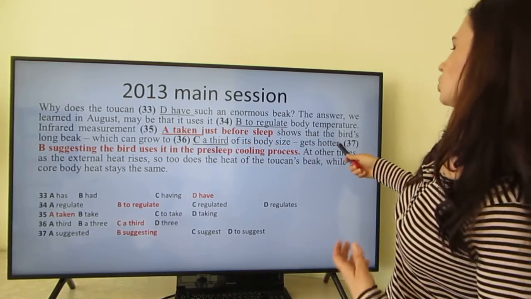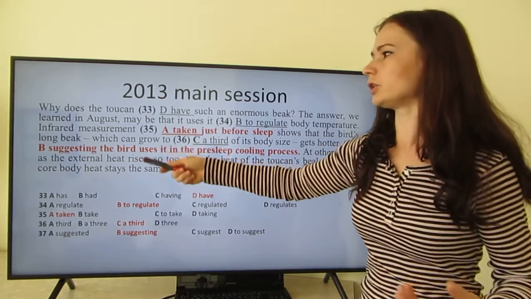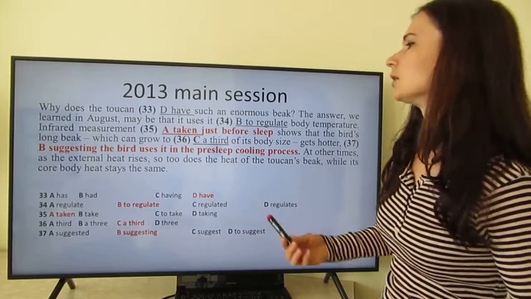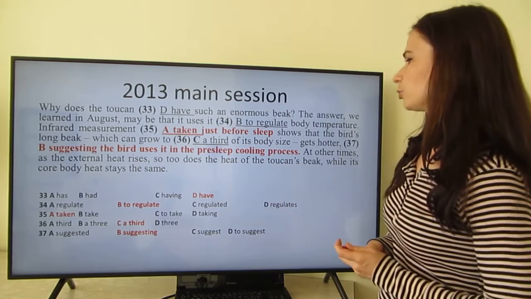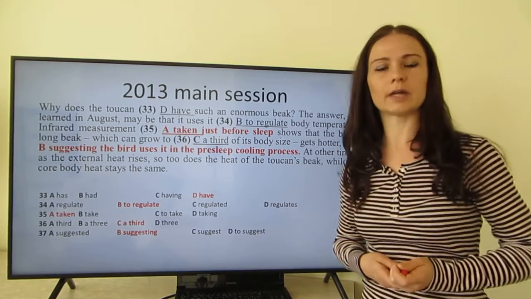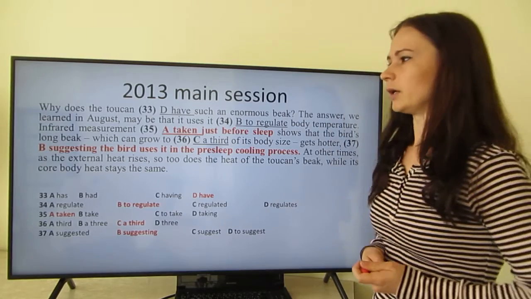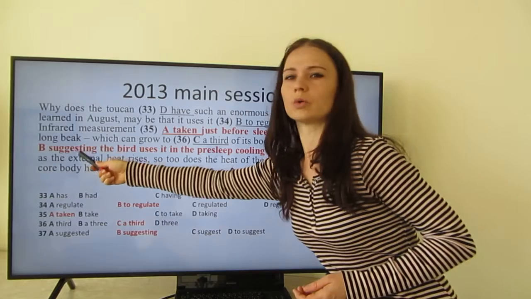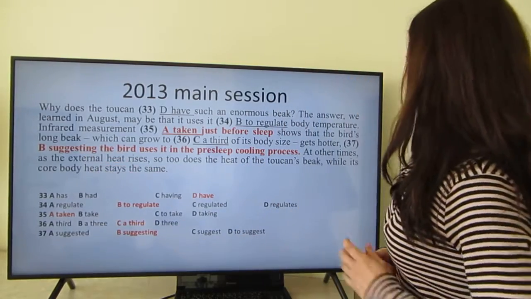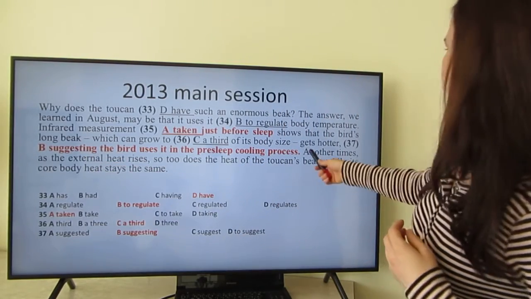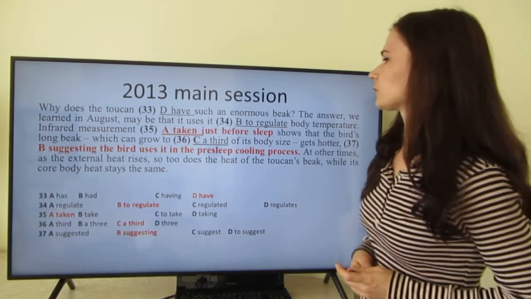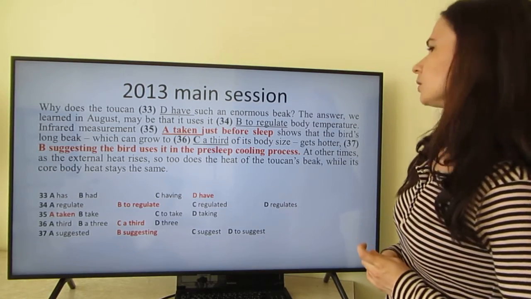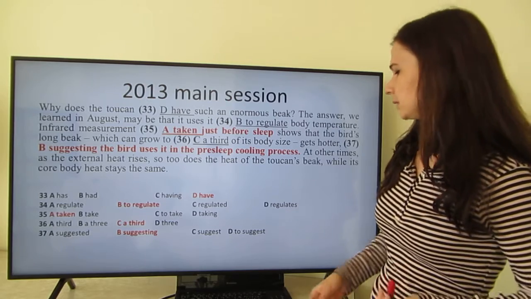Long beak gets hotter, and it suggests, or which suggests, this fact suggests that the bird uses it in the pre-sleep cooling process. The action is active, and when the action is active, we use the present participle, or ing form, in other words. At other times, as the external heat rises, so too does the heat of the toucan's beak, while its core body heat stays the same.